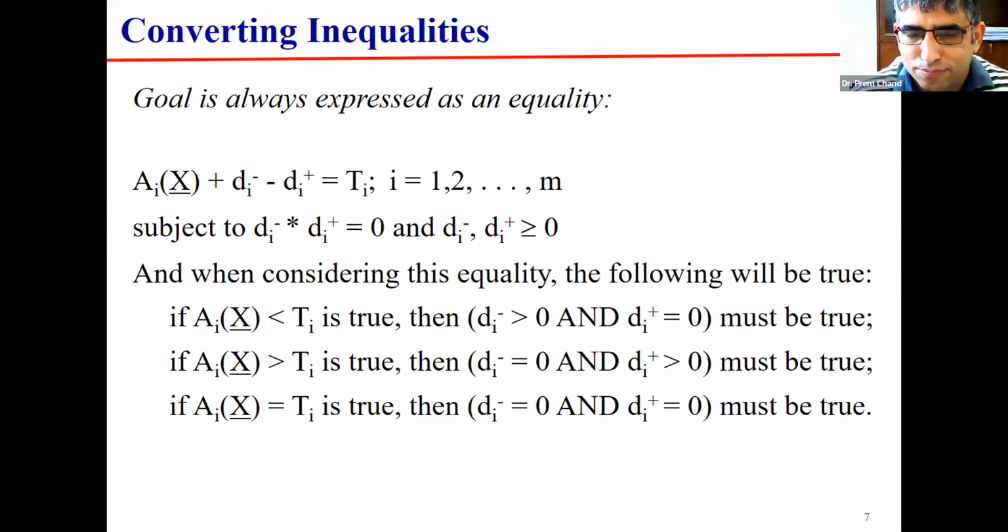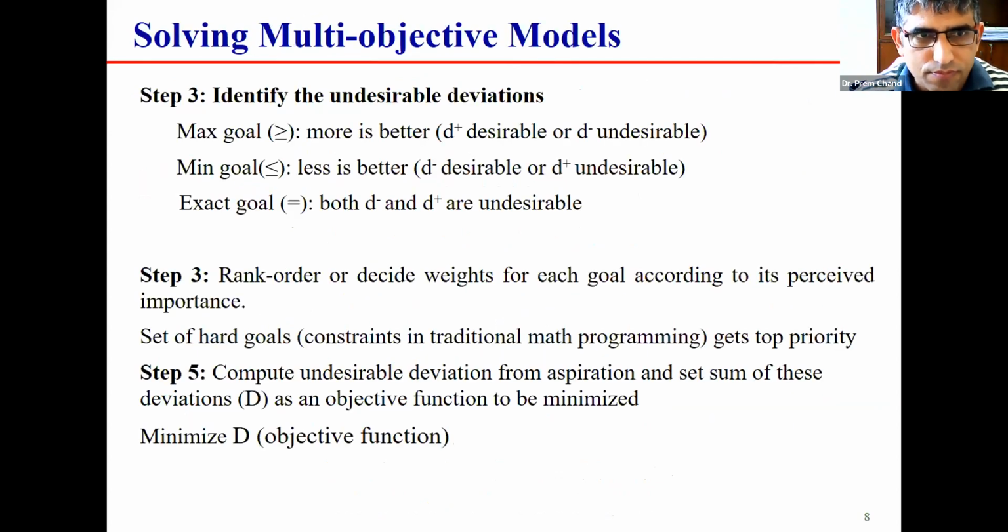I have explained this. When we overachieve we subtract, and for underachievement we add, in the goal equation. Then the third step is to identify the undesirable deviations.